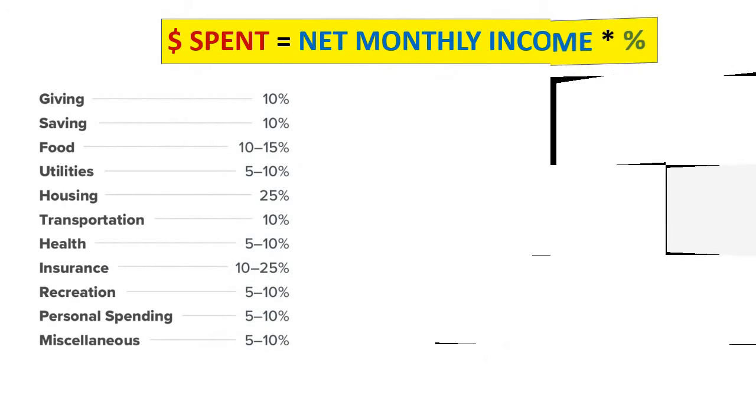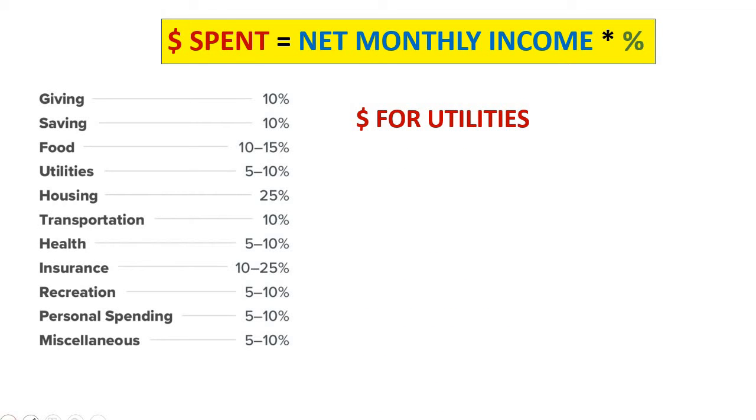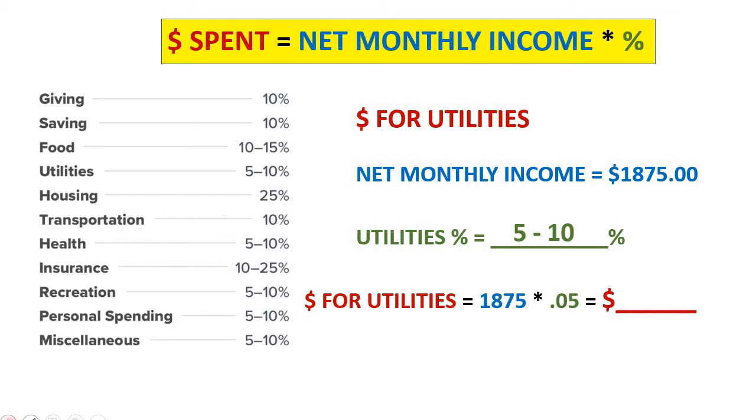So now let's do a couple more of these. Now we're looking at utilities. Again, I'm going to stick with that same monthly income, but now we're looking for utilities. What is that range of percentages that we're going to have? Great, 5 to 10%. Beautiful. Okay, and so now our low end, what's the smallest amount of money that we want to set aside for our budget for utilities? Again, same formula, monthly income times that percentage.